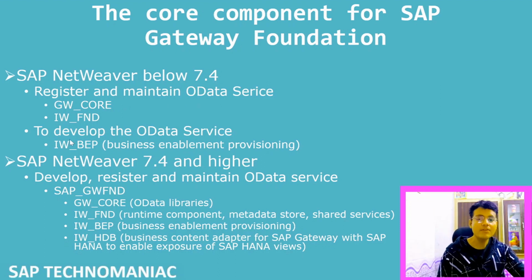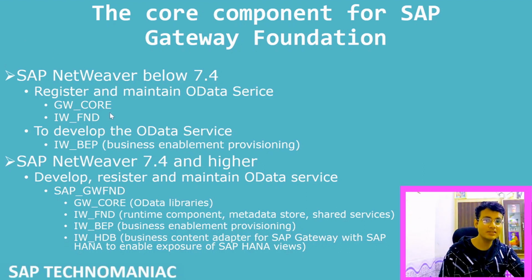And if the component IW_BEP is installed in your system, then you can develop the OData service there. This is applicable only if your system version is below 7.4. Then only do you require these three components in your system.